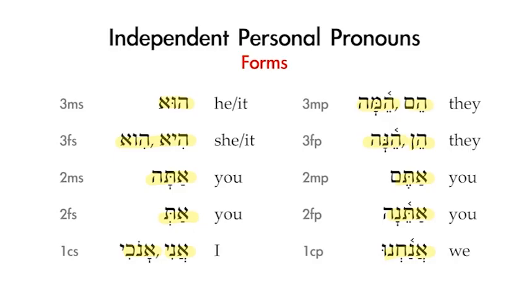Those are the forms of the independent personal pronouns. I'll read them once again quickly. Hu, hi, atah, at. Ani, anochi. Now the plural. Hem, hemah. Hen, henah. Atem, atenah, anachnu.